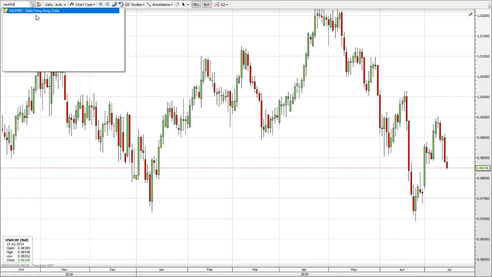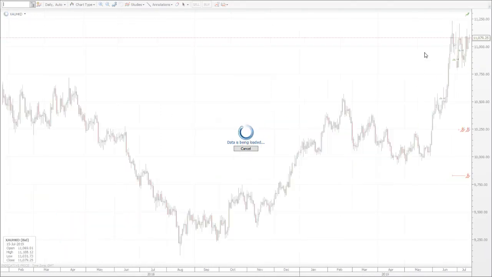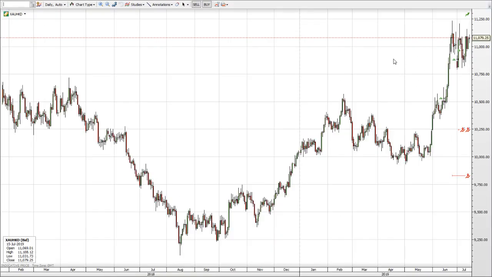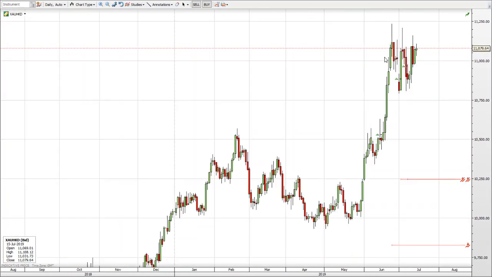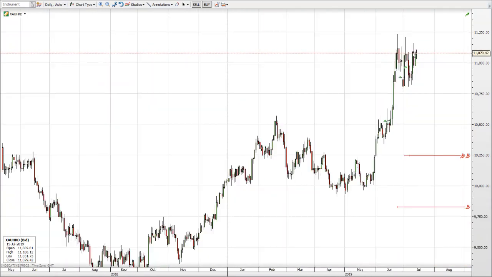Now the second part of this video I want to talk about increasing my long gold against the Hong Kong dollar position. So I'm thinking of transferring the risk into this position because, if you look at this chart, we're at that point where it looks like it could potentially break up again.